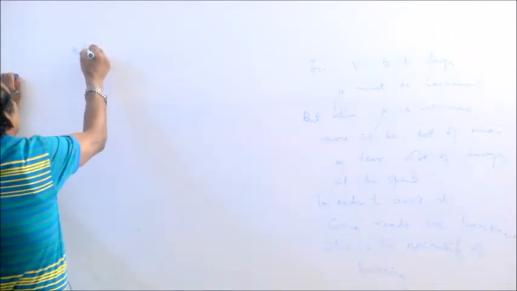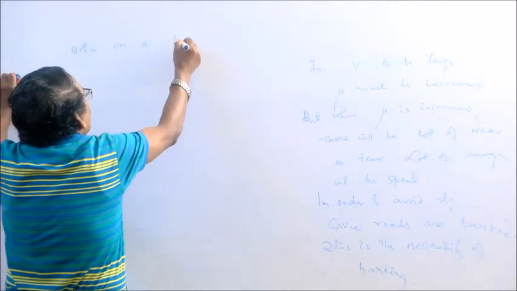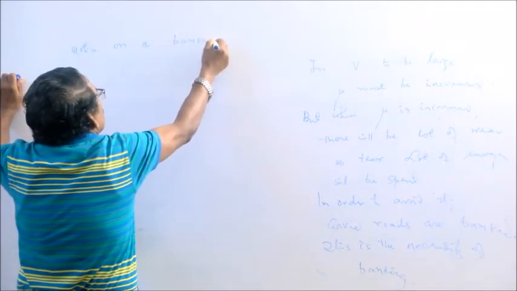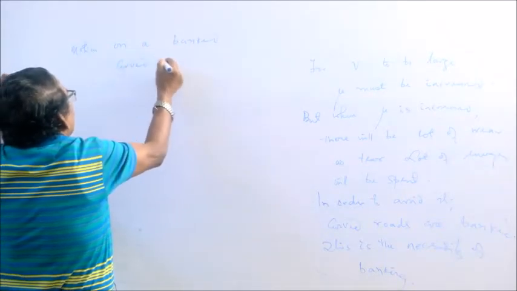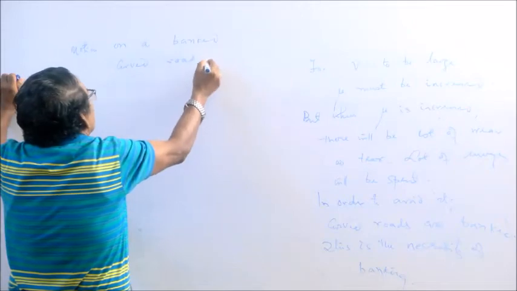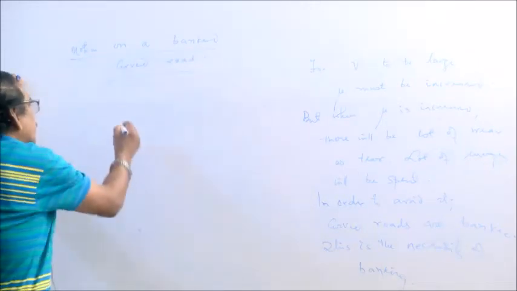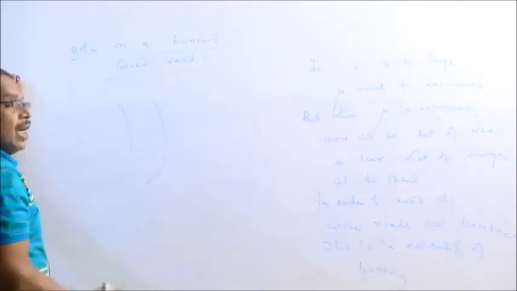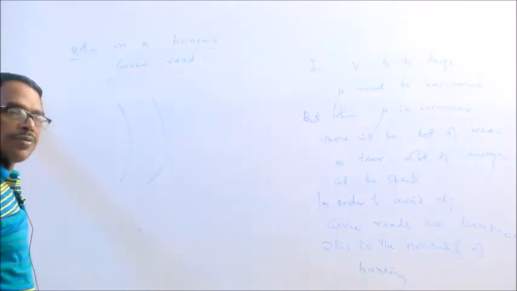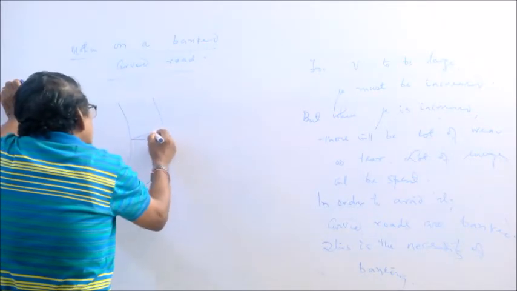Motion on a banked car road. So, let us see a bank. The outer side of the road is raised to some extent in comparison to the inner side, like this.